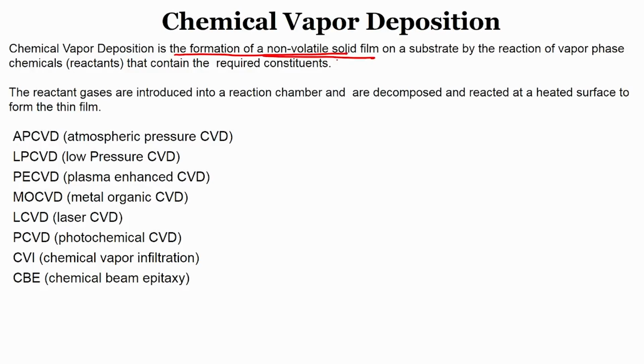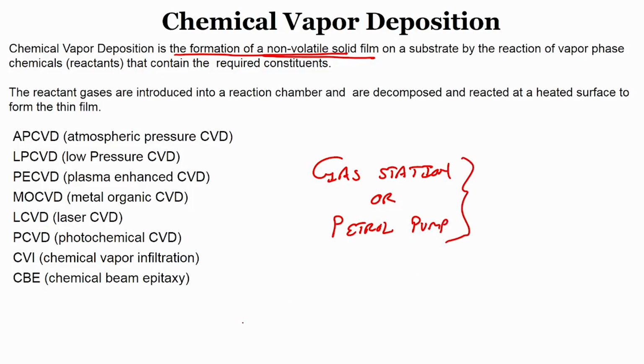What is volatile and what is non-volatile? Alright. All of us have visited at least a gas station, right? Gas station, or we also call it a petrol pump. Now, when we go to a gas station or petrol pump, we feel a smell of petrol or diesel, right. Why is there a smell?